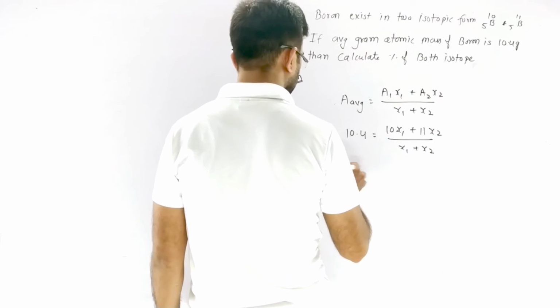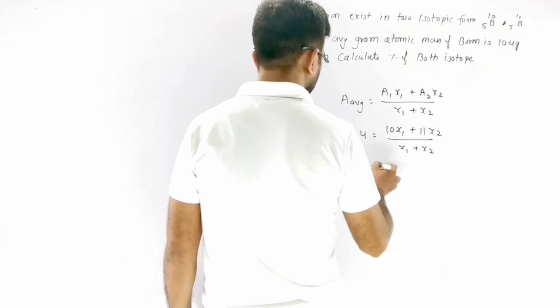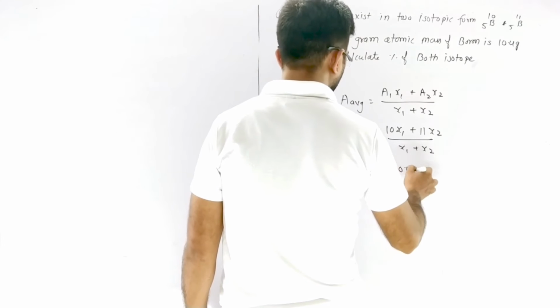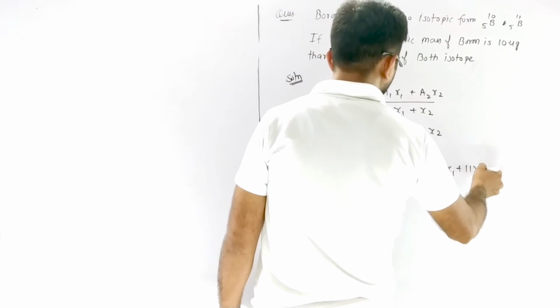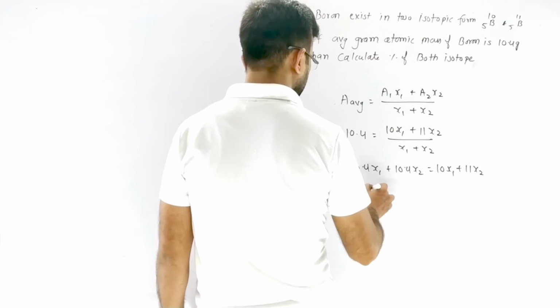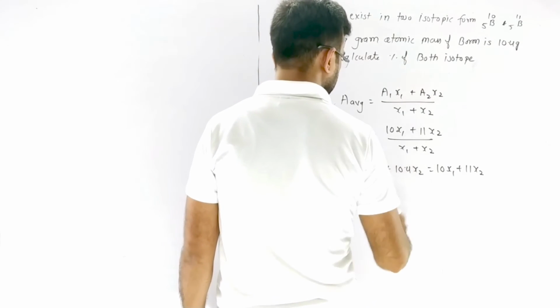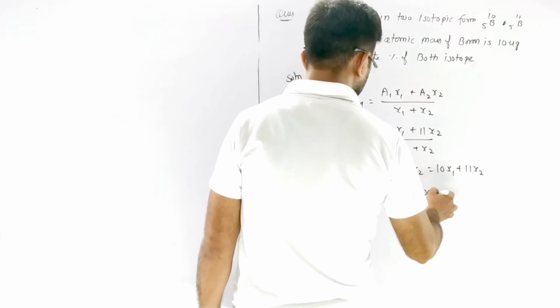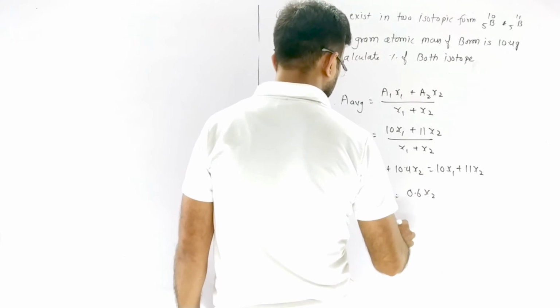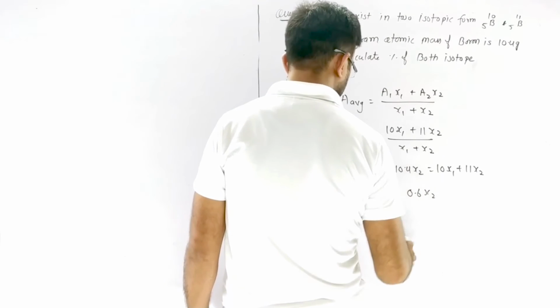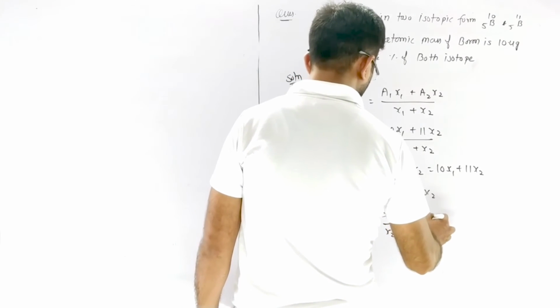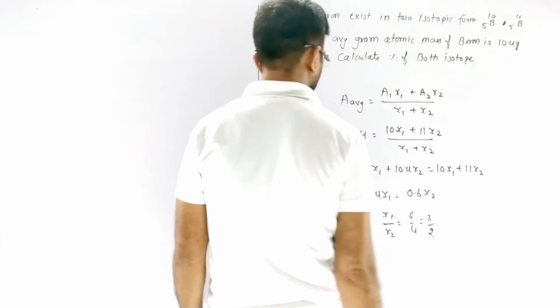Or we write 10.4x1 + 10.4x2 is equivalent to 10x1 + 11x2, or 0.4x1 is equivalent to 0.6x2, or the fraction x1 upon x2 is 6 by 4, or 3 by 2.